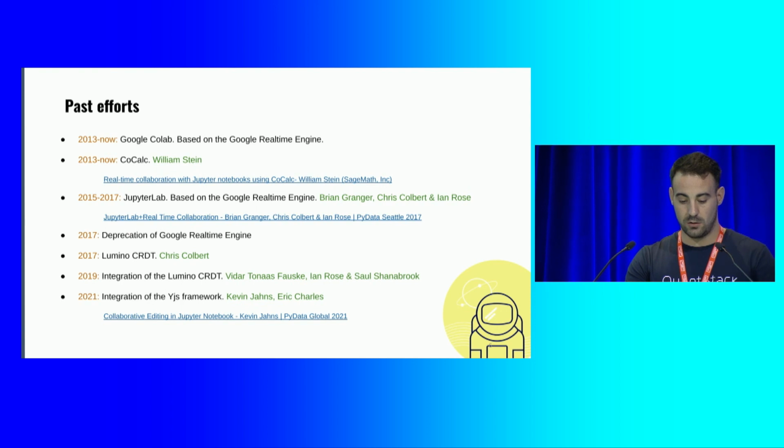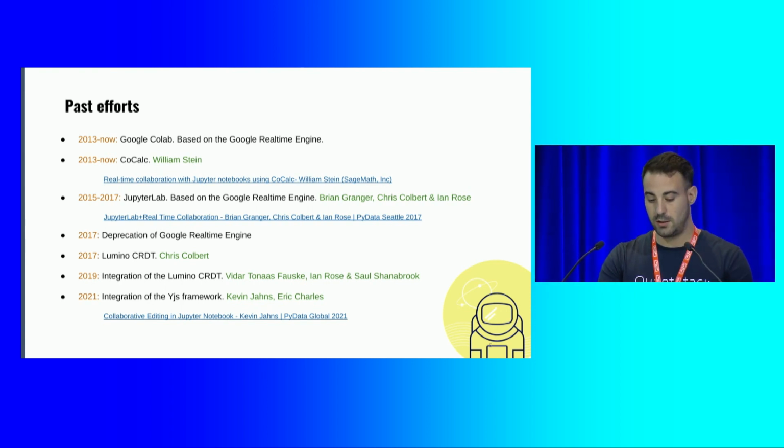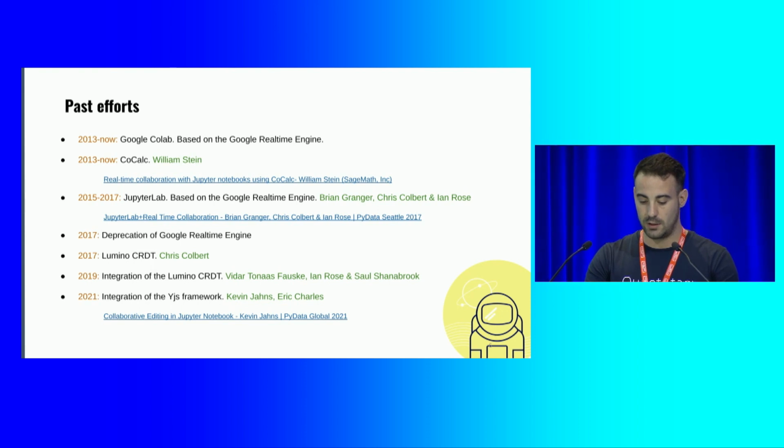Once it was deprecated, Chris Colbert implemented the Lumino CRDT, and they also tried to integrate it into JupyterLab later on. Finally, in 2021, we got real-time collaboration in JupyterLab using the YJS framework. This implementation was done by Kevin Jahns, the author of YJS, and also Eric Charles.